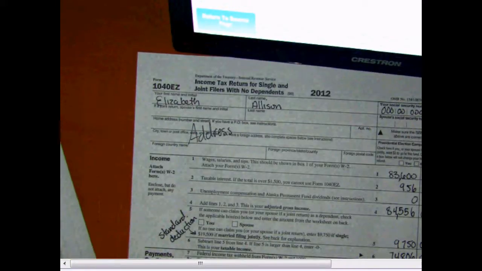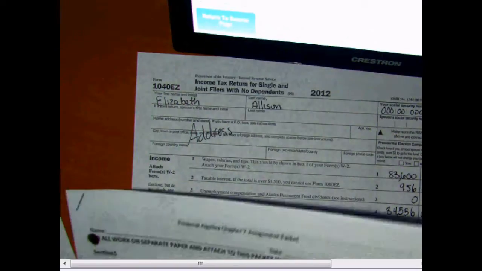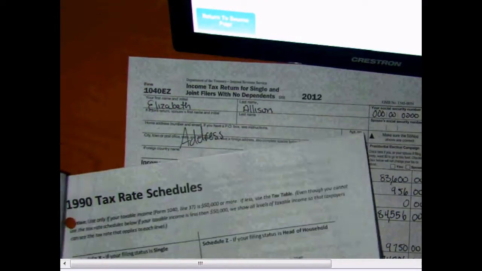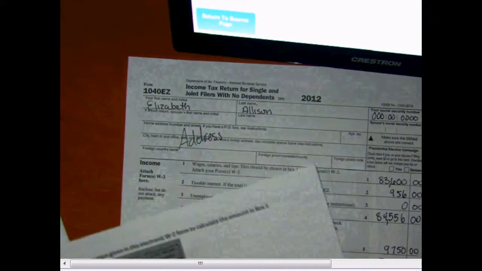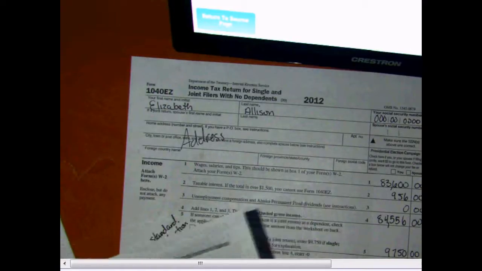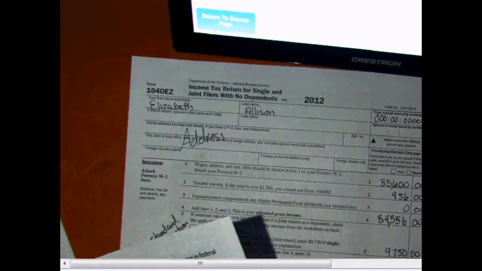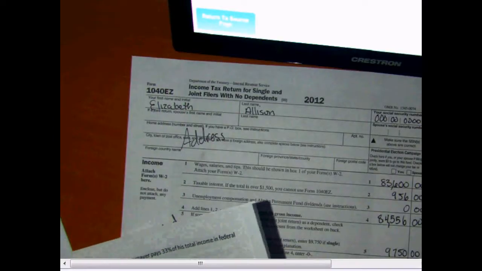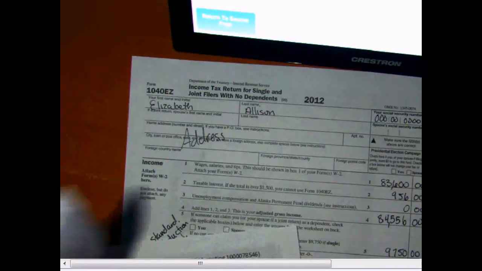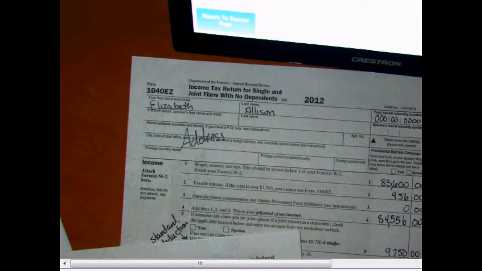It's meant to be. Okay, so for tonight, we're not going to do any of the tax forms yet.